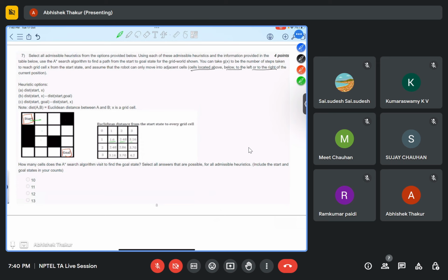So first, the algorithm comes to the next node and it will check the least cost trajectory or least cost path, and then it will go to the next node depending on which is the least cost. Either it can choose this path or this path, because it can choose only the adjacent cell, as mentioned in the question that a robot can move into the adjacent cell.